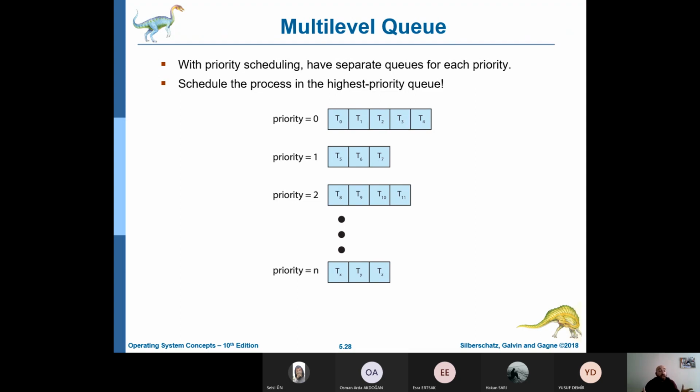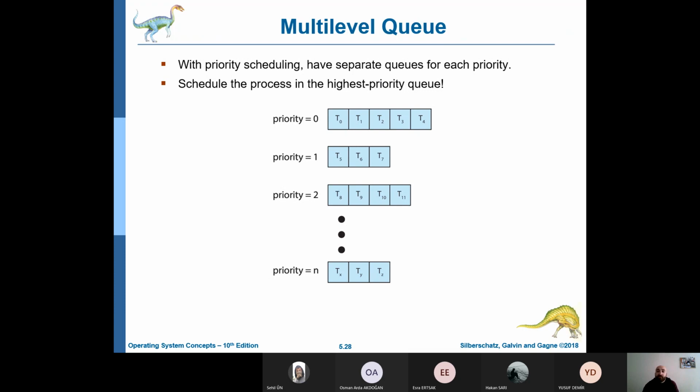We have a queue and we want to find the highest priority, so based on your queue, you have to search that queue to find the highest priority. So depending on how the queues are managed, a search with complexity O(n) may be necessary to determine the highest priority process.